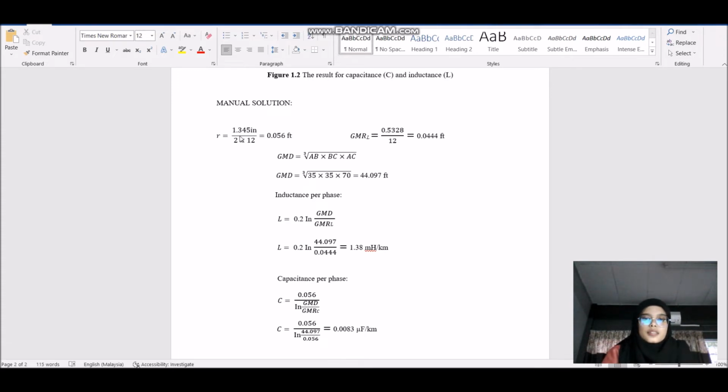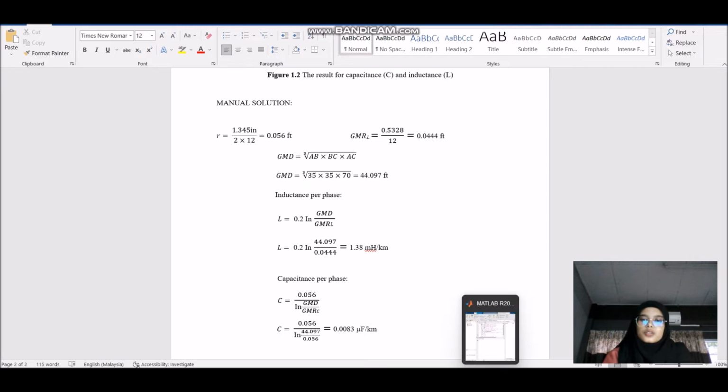The R is given, so we just put in the R. R is 1.345 inch, divided by 2 and by 12, and the answer is 0.056. This is the answer for GMRC. So we put in the values of GMRC and GMD, and we get the answer for the capacitance per phase, which is 0.0083 microfarads per kilometer.